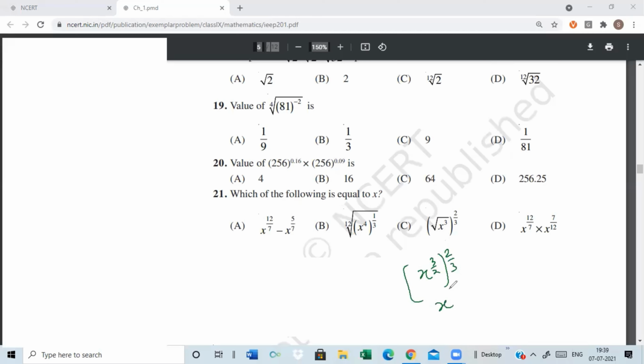And we see this comes out to be 3 by 2 times 2 by 3, which is x raised to power 1 because 2 and 2, 3 and 3 are cancelled. So this is equal to x, right? So C seems to be the right option. We'll check D also. Yes, when we multiply the same bases with different powers, powers are added. So 12 by 7 plus 7 by 12 is not going to give us x raised to power 1. So this will not be the right answer. Answer is C. All right.